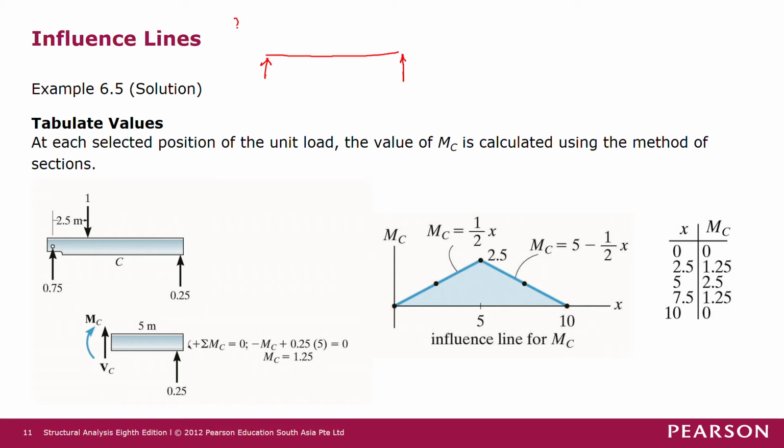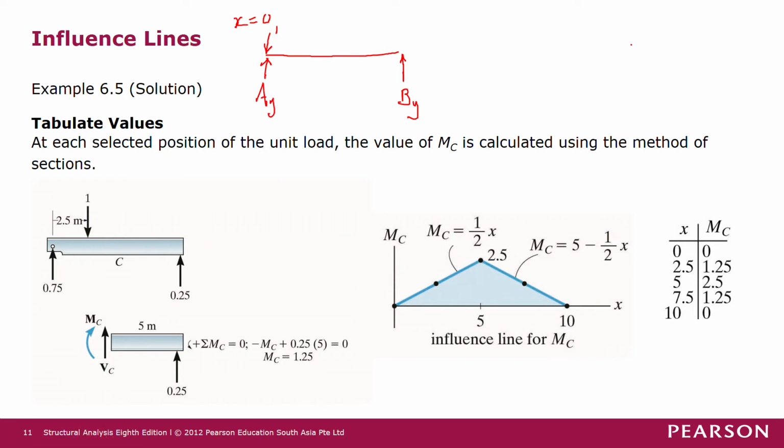So this is when x equals 0. When x equals 0, this 1 unit force is here. And then this is AY, and this is BY. We're only interested in AY.